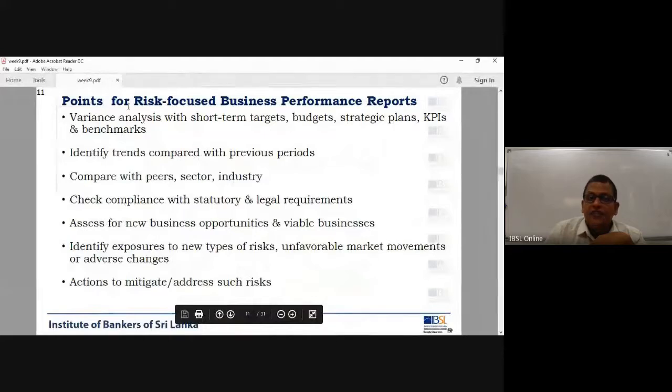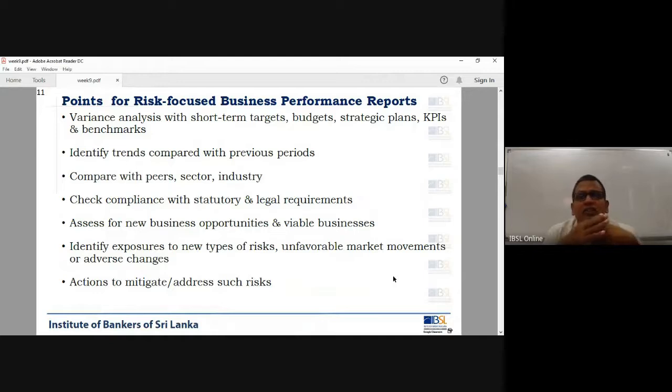And the points for risk-focused business performance reports. The performance reports based on risk-focused business performance are prepared by the regulators as well as the financial institutions.